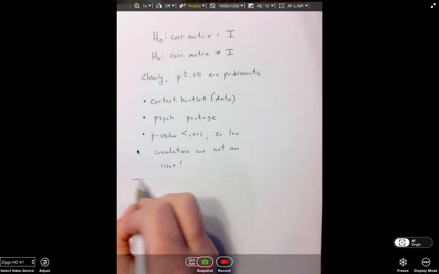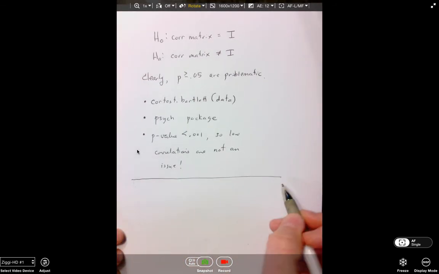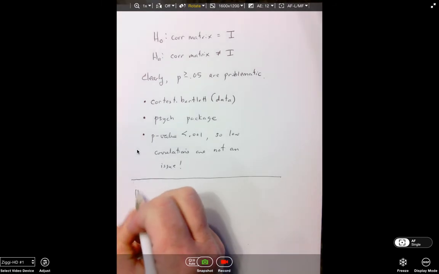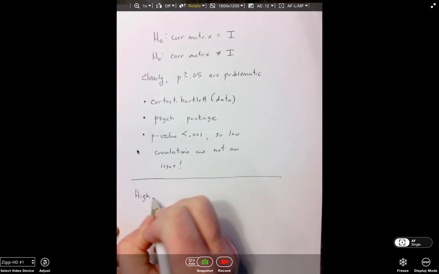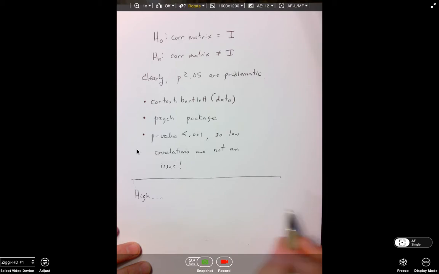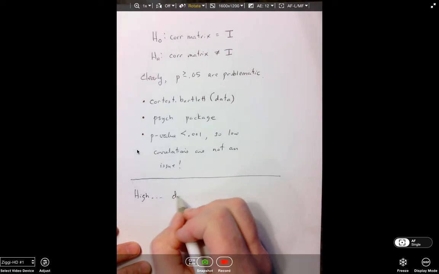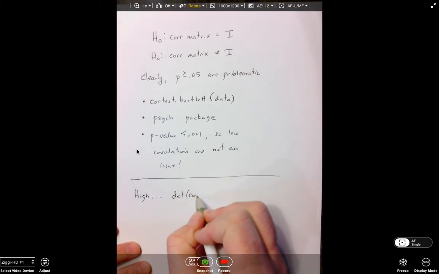All right, gang, what about high correlations? High correlations are much easier to address. Again, Bartlett's test examines low correlations only. For high correlations, to see if we have too many of those, all we have to do is take the determinant of our correlation matrix.